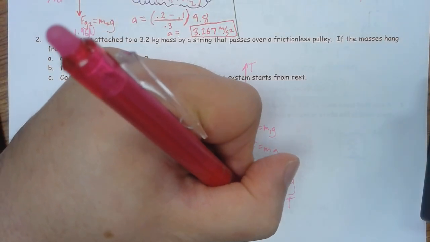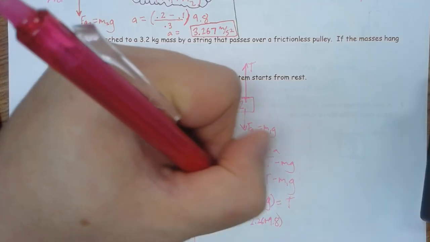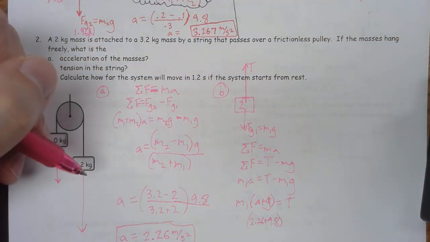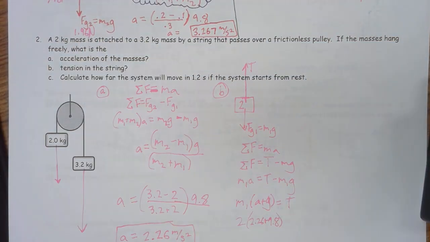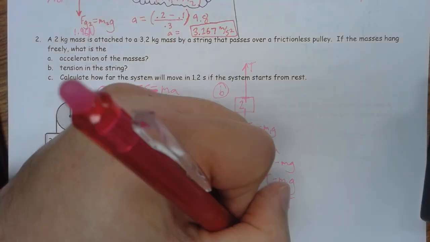I've got 2.26 plus 9.8 all times 2. That's close to 12 times 2. 24.12. Okay, so 24.